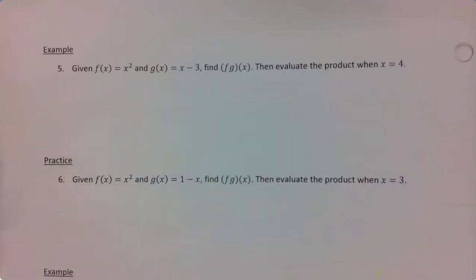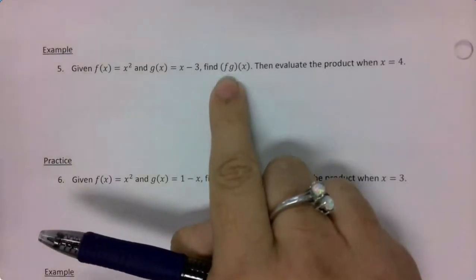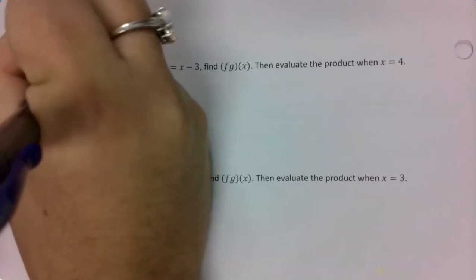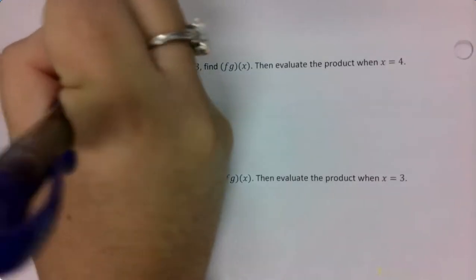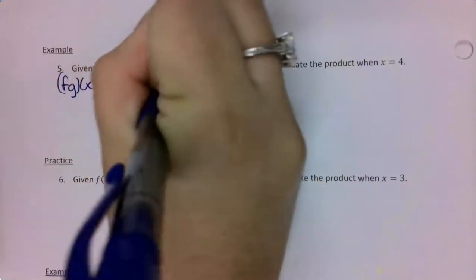Okay, so this next one has f written next to g, so that means multiplication. So I am going to take x squared and multiply by x minus 3.